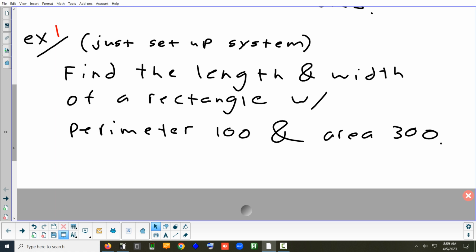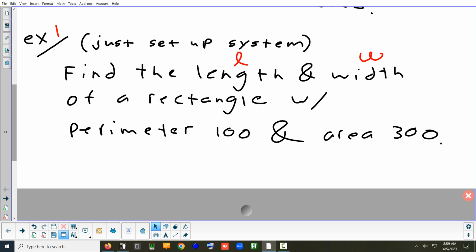What letters do you think would be good? L and W for the length and the width. Those are the 2 things we need to find.